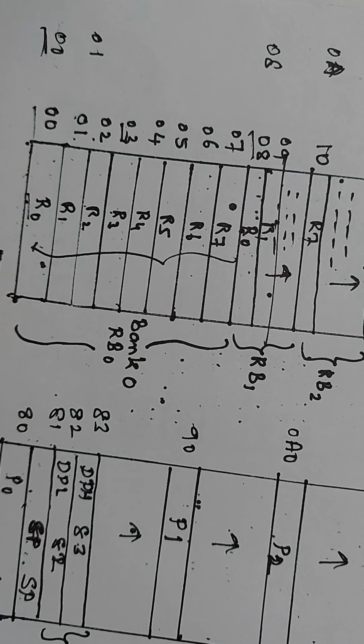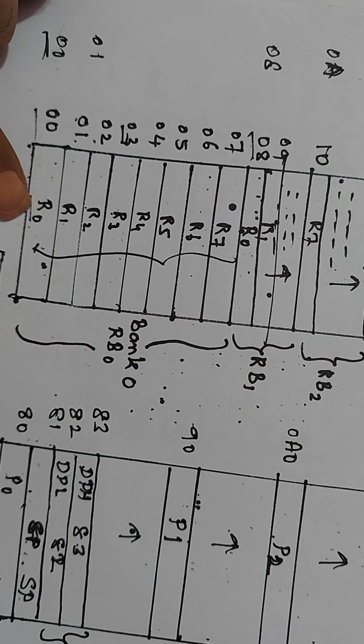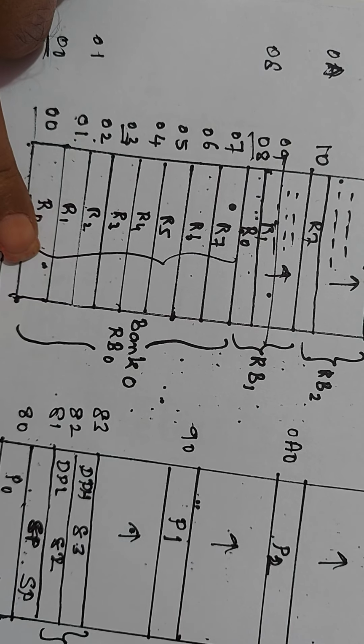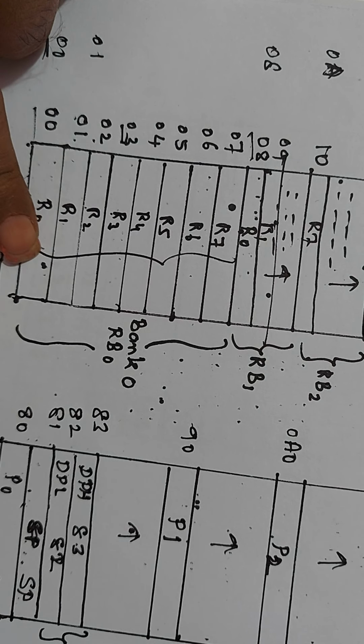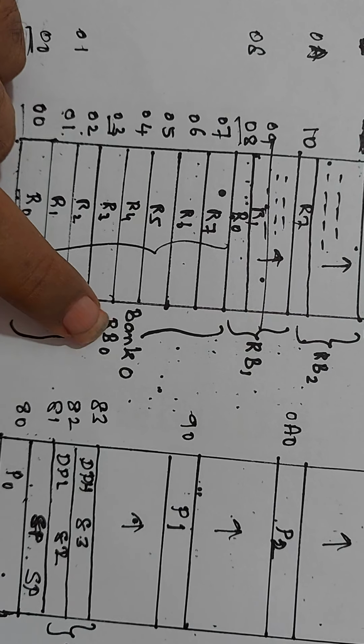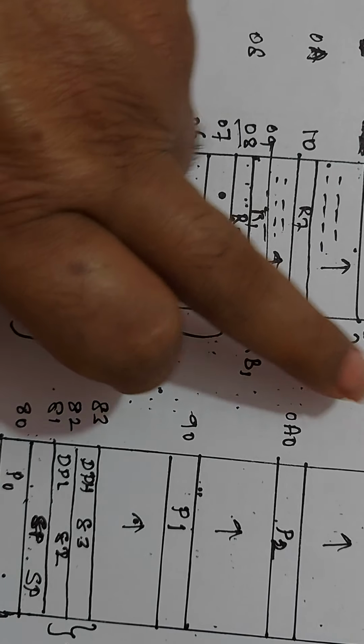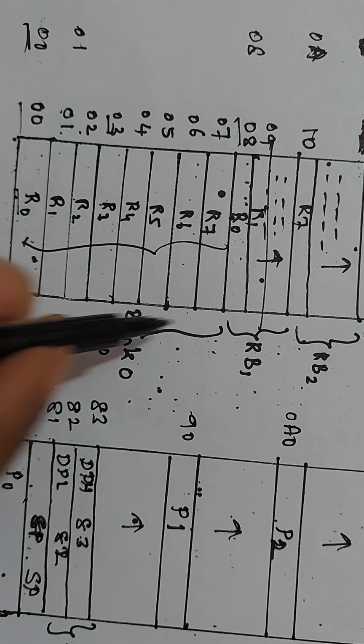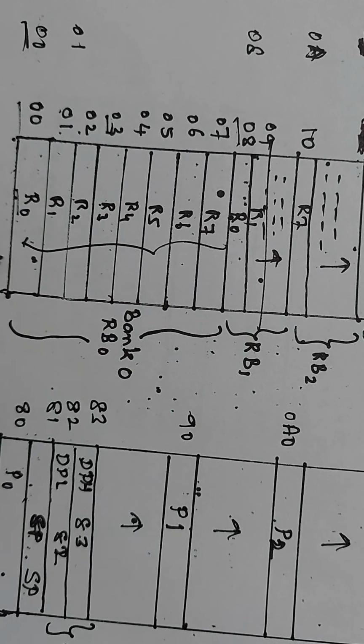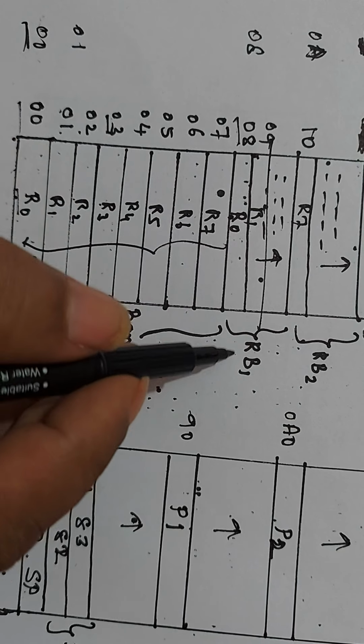That means the 8 registers R0 to R7 are used in 4 register banks. These register banks are represented by Bank 0, Bank 1, Bank 2 and Bank 3. Bank 0 consists of 8 working registers from R0 to R7.